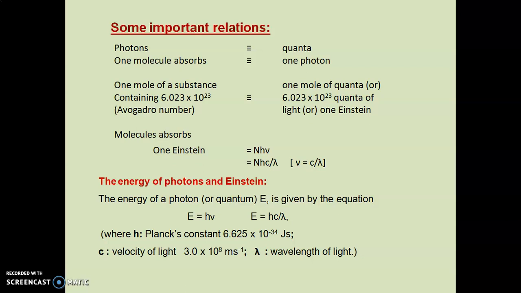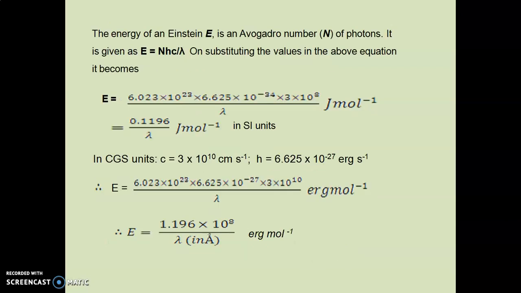So if we have to calculate the energy of a photon and an Einstein, we can use the equation E = h ν, or E = h c / λ. What is h here? h is the Planck constant, whose value is 6.625 × 10^-34 joule seconds. c is the velocity of light in the SI system, 3.0 × 10^8 meters per second, and λ is the wavelength of light.